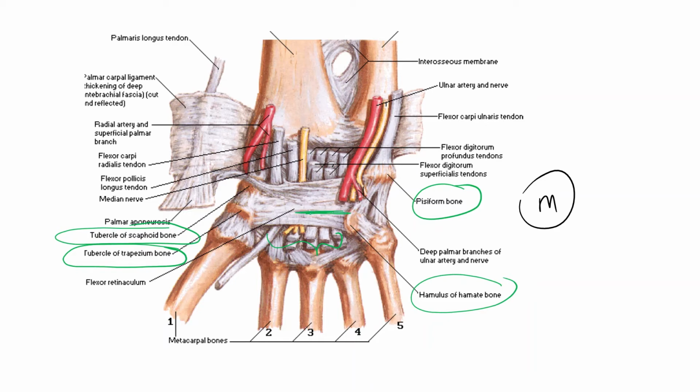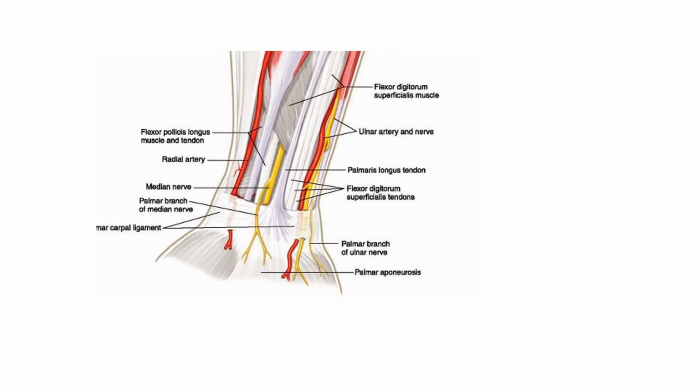Next, moving on to the relations of the flexor retinaculum, there are certain structures which pass superficial and some structures which pass deep to the retinaculum. The structures superficial to the flexor retinaculum are: number one, the long tendon of the palmaris longus.